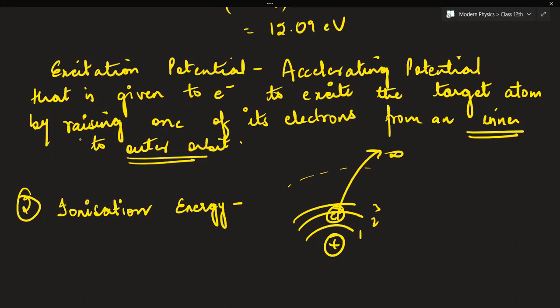After the removal of the electron, the atom is left with a positive charge, and the atom with the positive charge is said to be ionized.